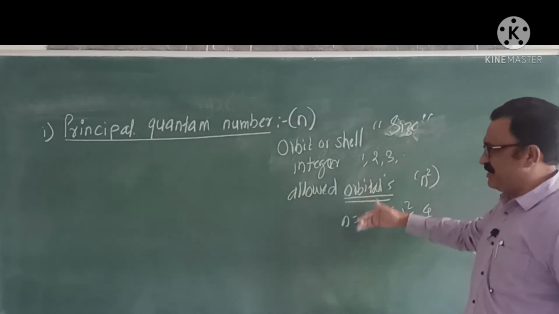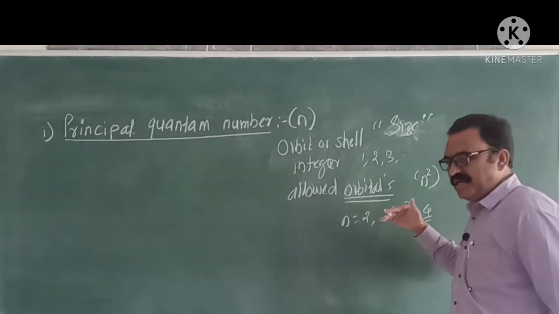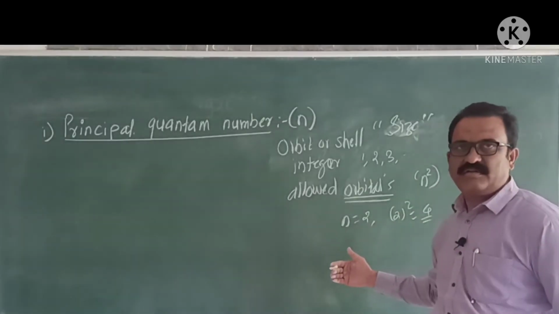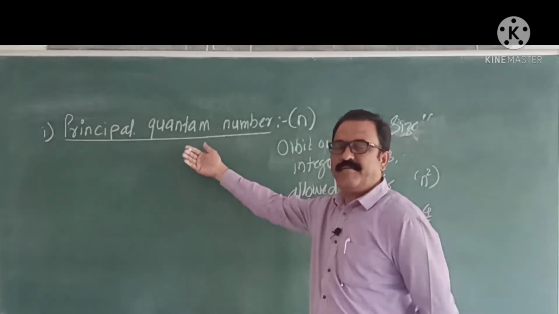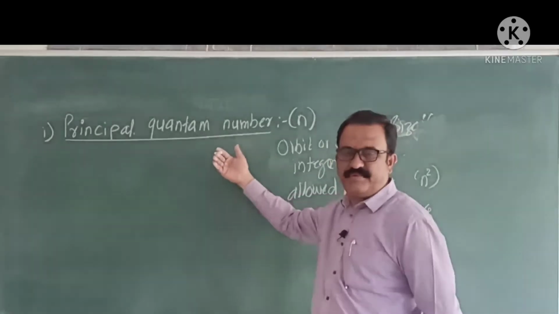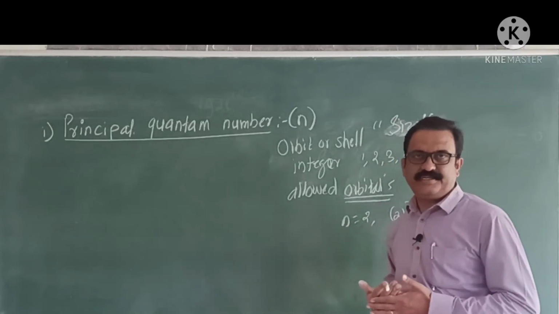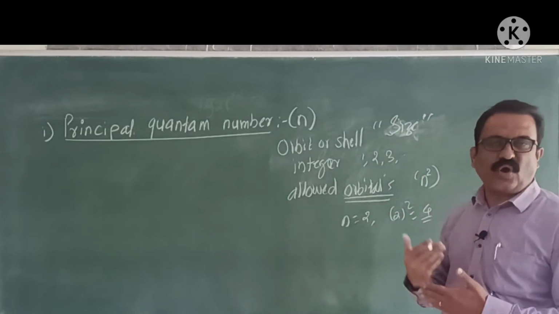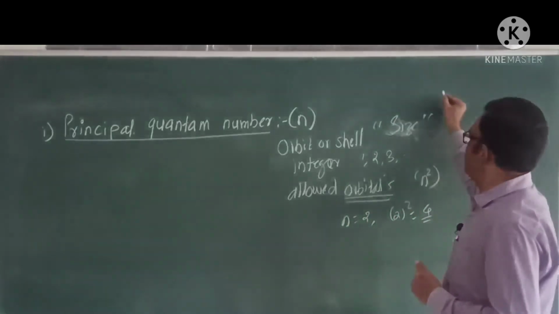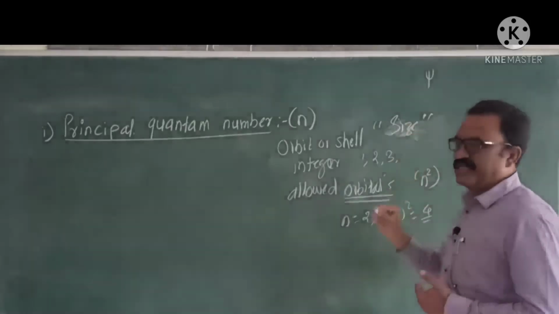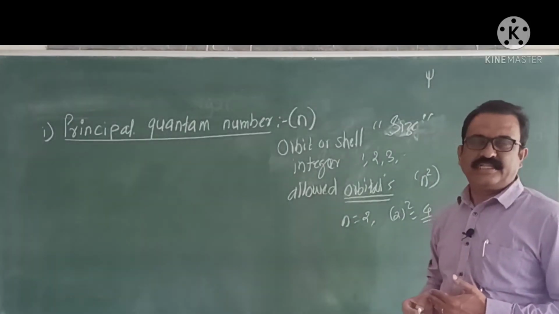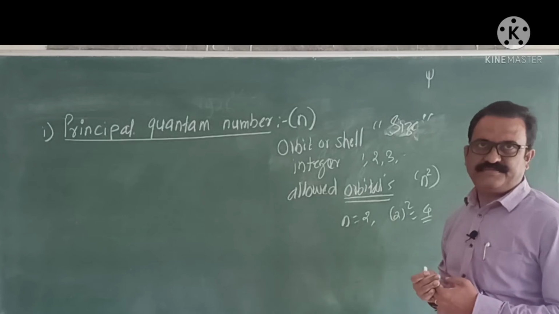All this information regarding the electron is given by the principal quantum number. As we said earlier, the Schrödinger equation contains psi, that is the wave function.